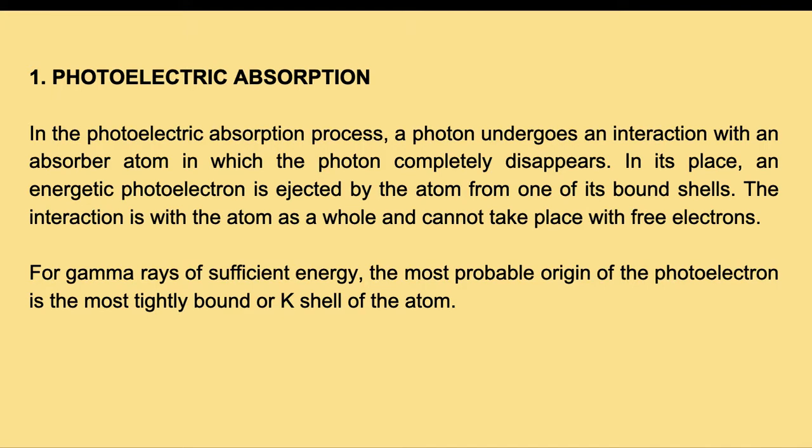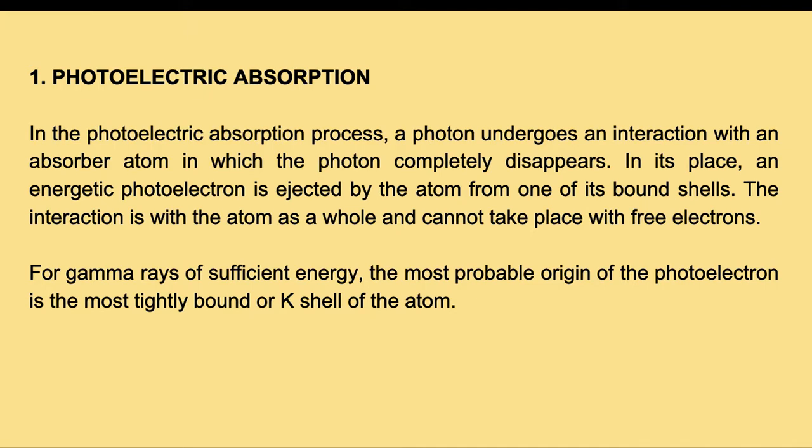In the photoelectric absorption process, a photon undergoes an interaction with an absorber atom in which the photon completely disappears. In its place, an energetic photoelectron is ejected by the atom from one of its bound shells.